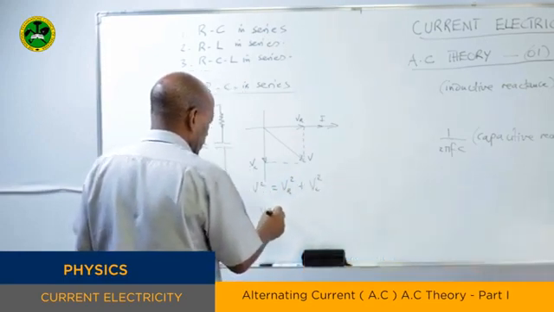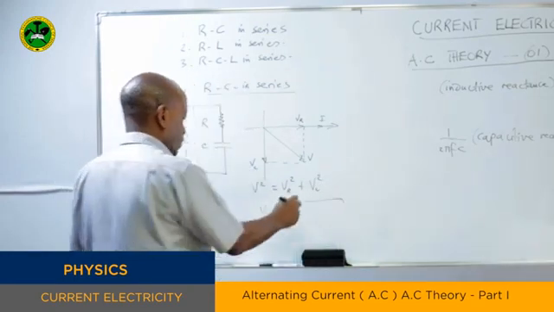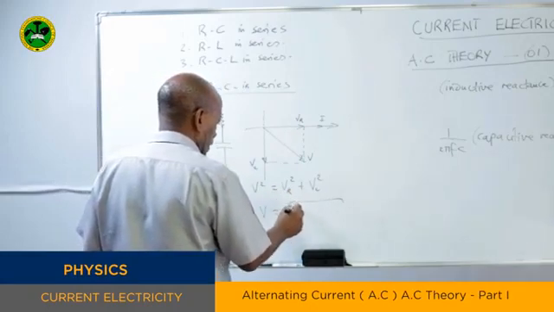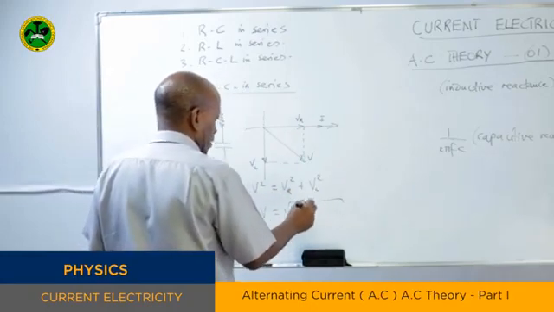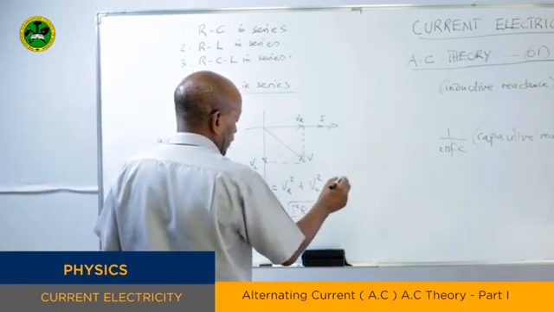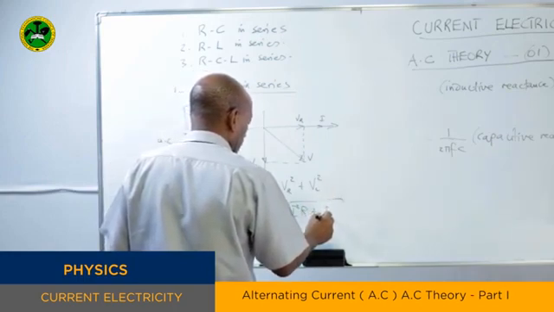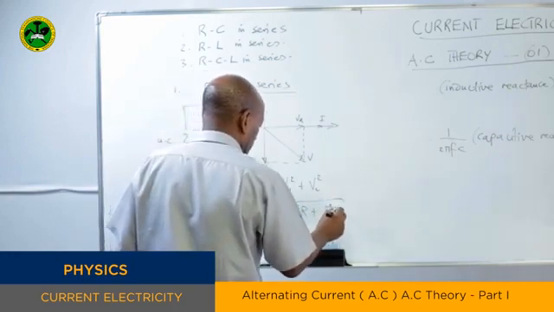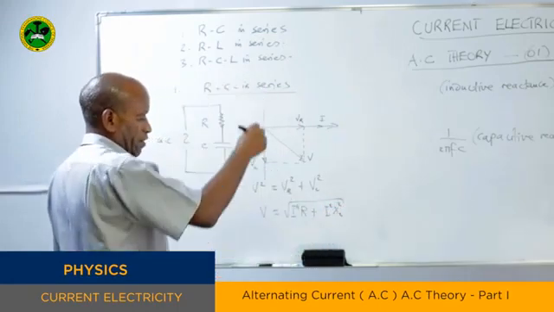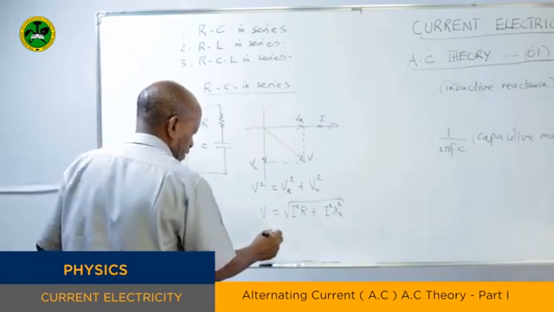Through R, this is I squared times R. Through the capacitor, as I've said previously, this is I squared times the capacitive reactance squared.